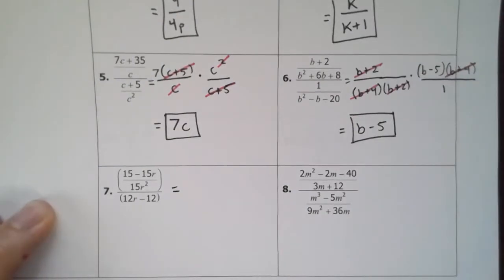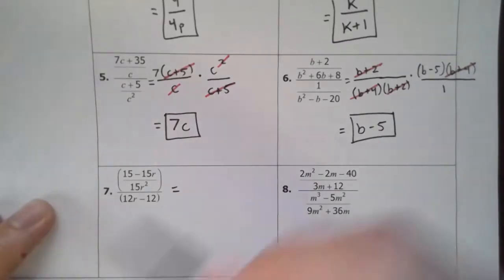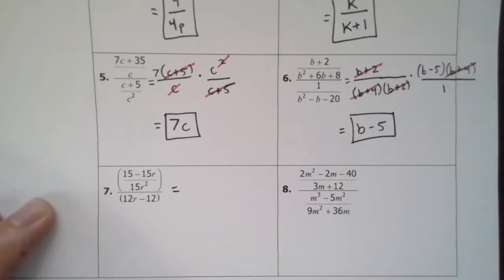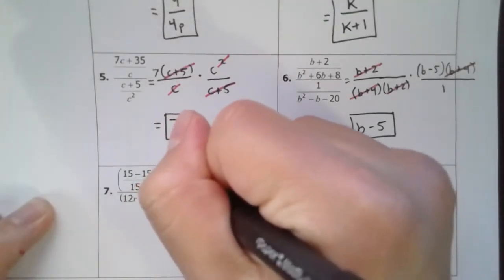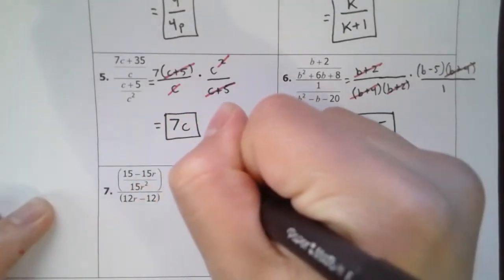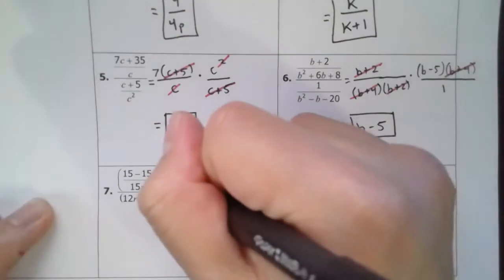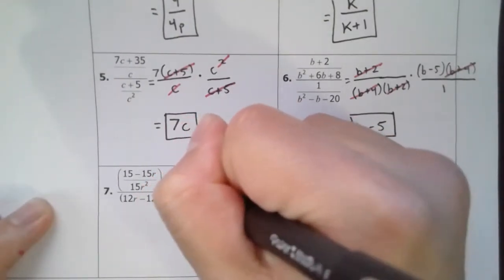Anyway, number 7. I have (15 minus 15r) over 15r squared. I have parentheses there just to denote that it's all one thing. First thing I should factor is, I can see in the numerator there 15. If I factor out 15, I get 1 minus r over 15r squared.